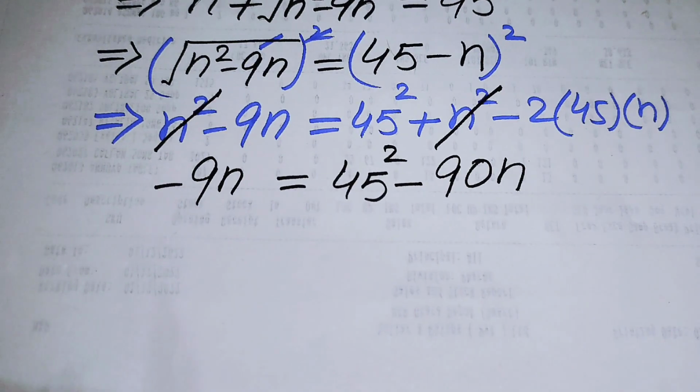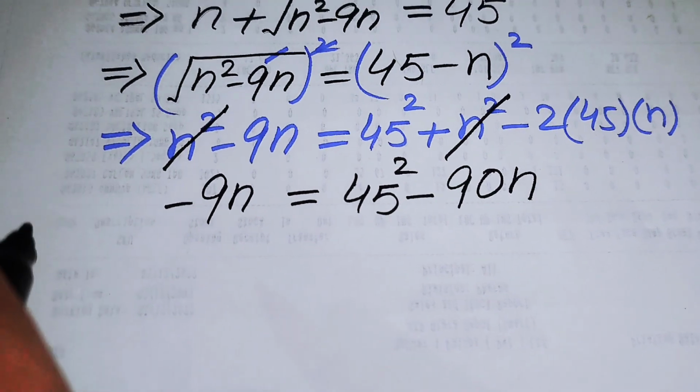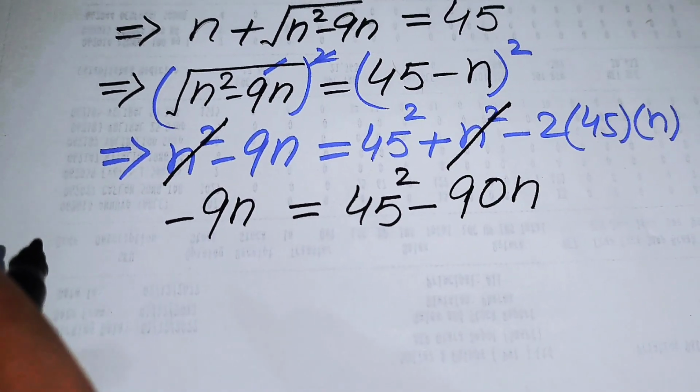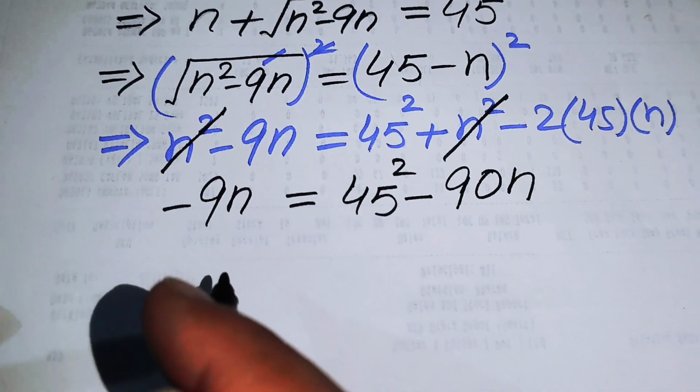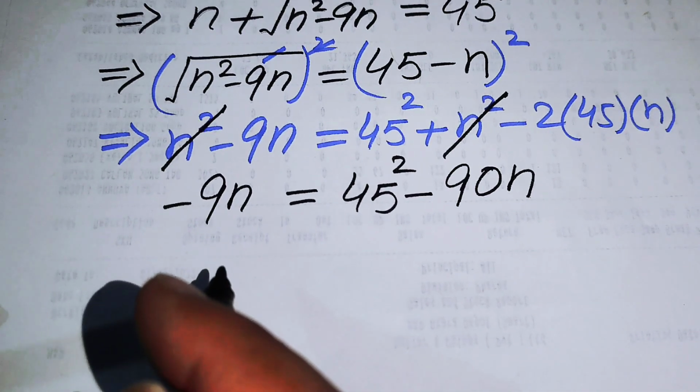And because we need to find the value of n, we combine the terms involving n on one side and all the other terms on the other side.